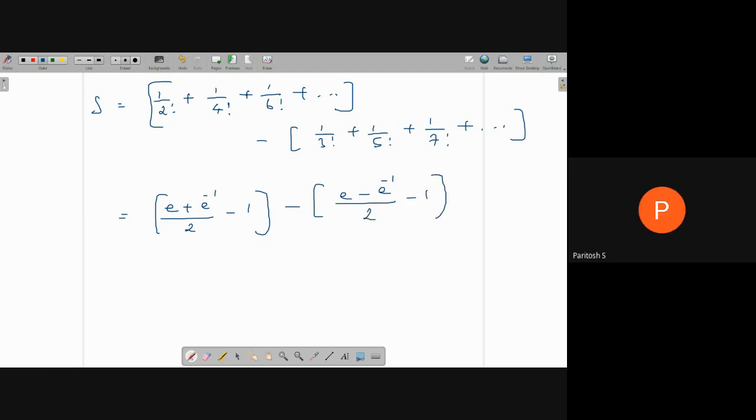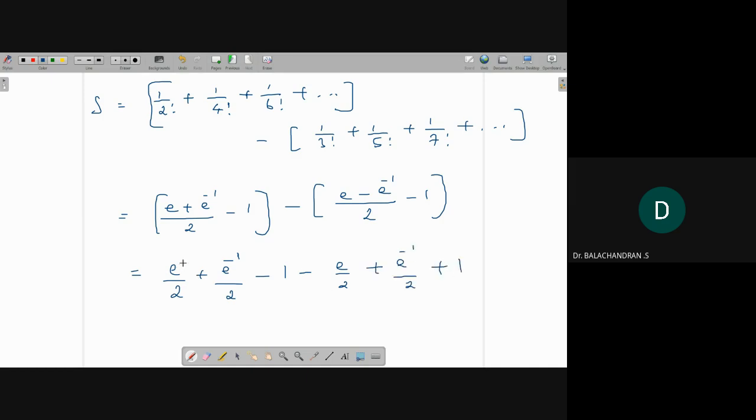Now minus 1 plus 1 gets cancelled. So E by 2 plus E power minus 1 by 2. I'll write minus 1 minus E by 2 plus E power minus 1 by 2 plus 1.